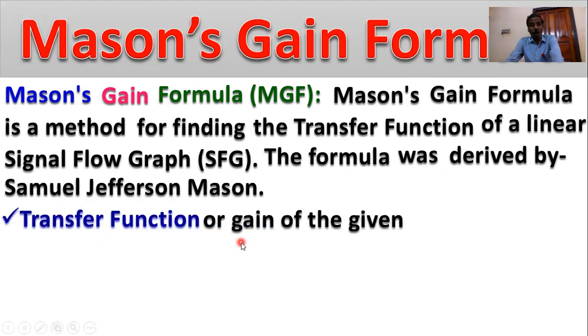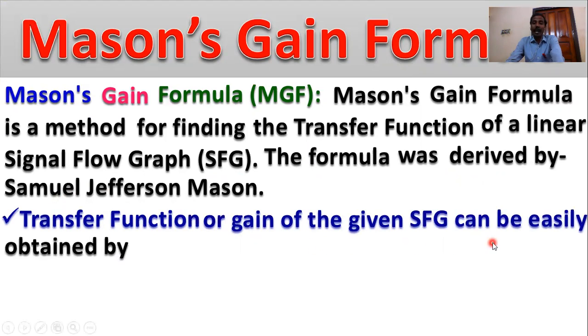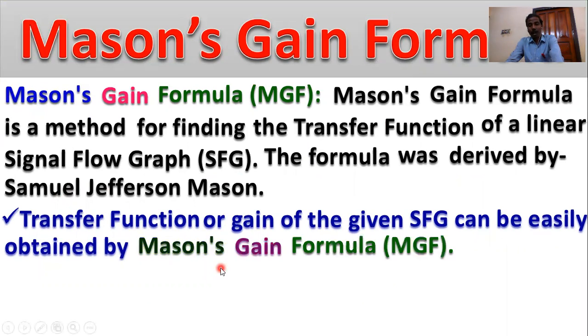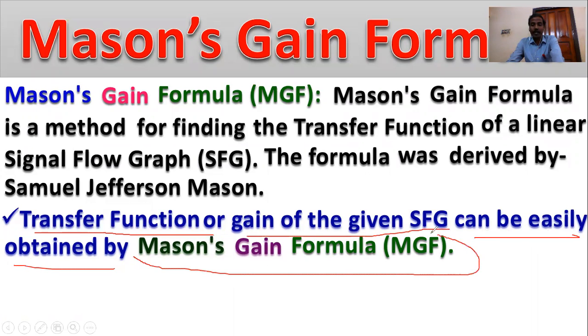The transfer function or gain of a given signal flow graph can be easily obtained by using Mason's gain formula.